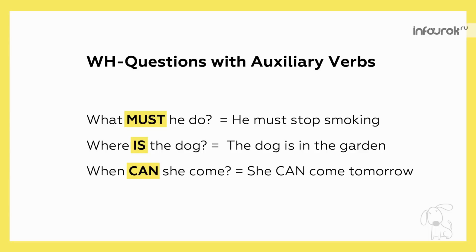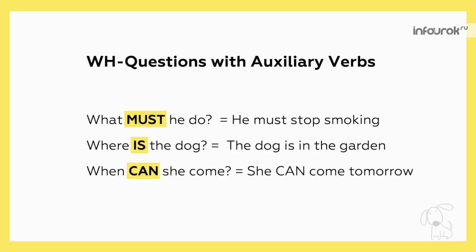The answer, he must stop smoking. Secondly, where is the dog? Similarly, the verb to be follows the WH word, precedes the subject, and then is followed by the object. The dog is in the garden. Where is the dog? The dog is in the garden.